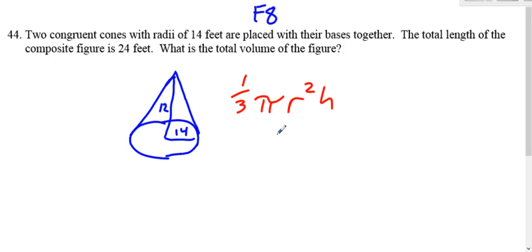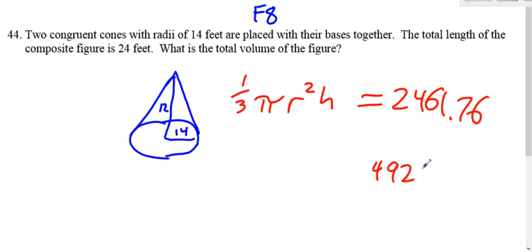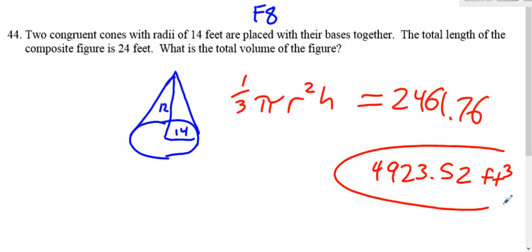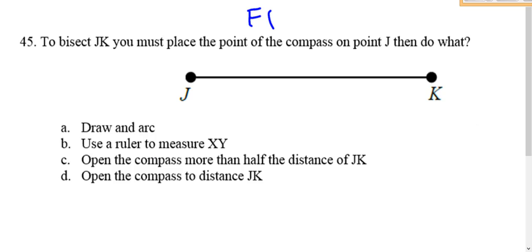And then since it's a cone, you divide by 3. So that's the volume of one cone. There's two of them together, so you have to double it to get 4923.52. That was all in feet, so this is feet cubed, cubic feet.